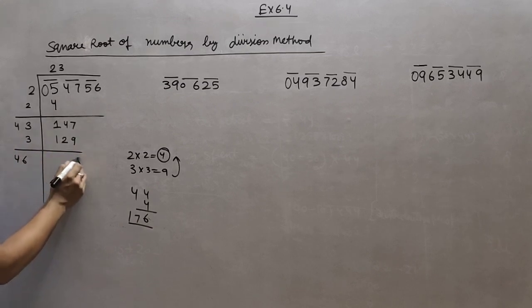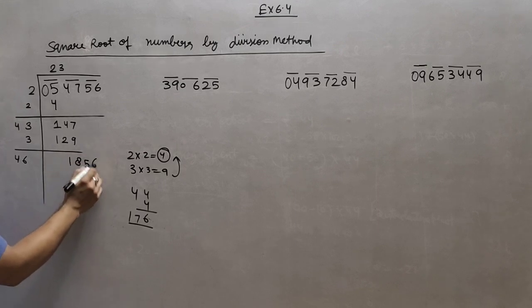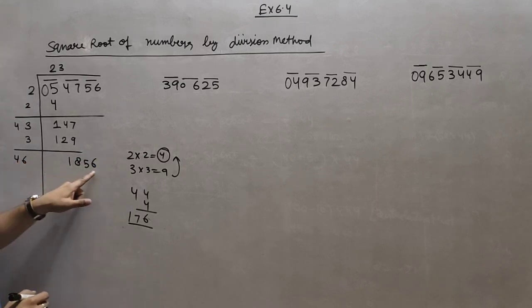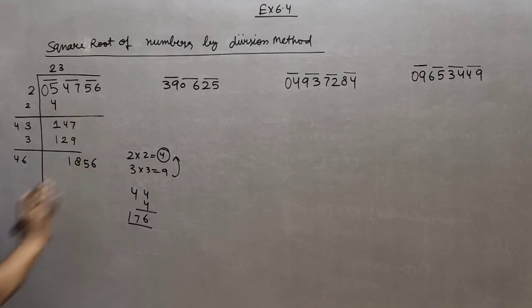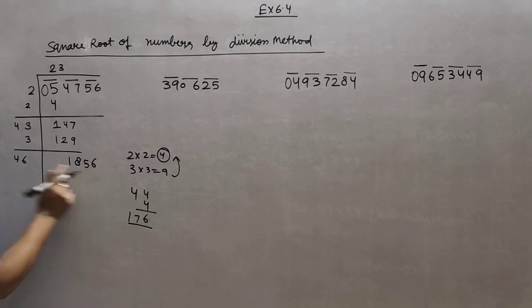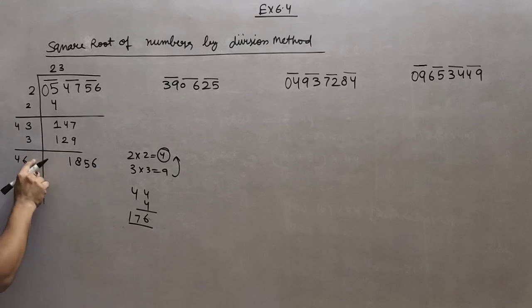Now it is 8. It is 1. We will take the next number. So what do you have to place here so that you will get 6, because this was the last option? You can see here, this is 6. And how can you get a 6? Either by 4 times 4 or by 6 times 6.